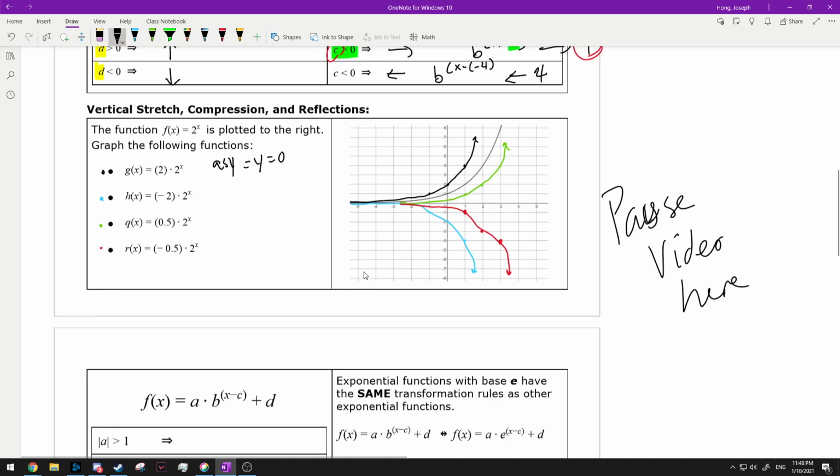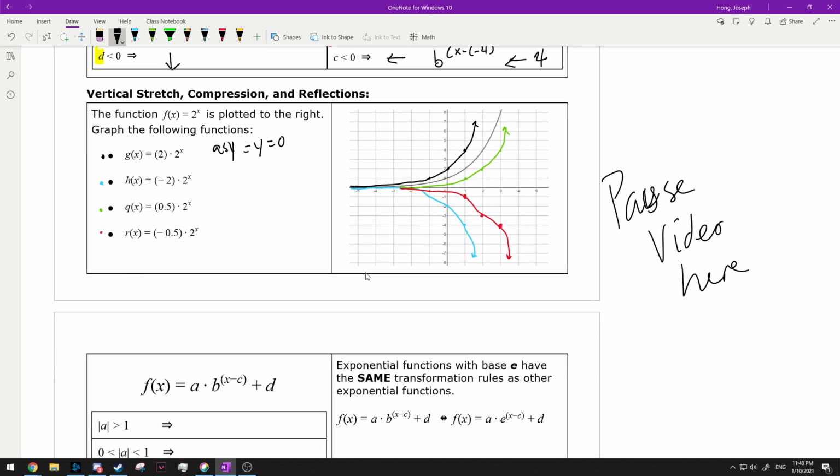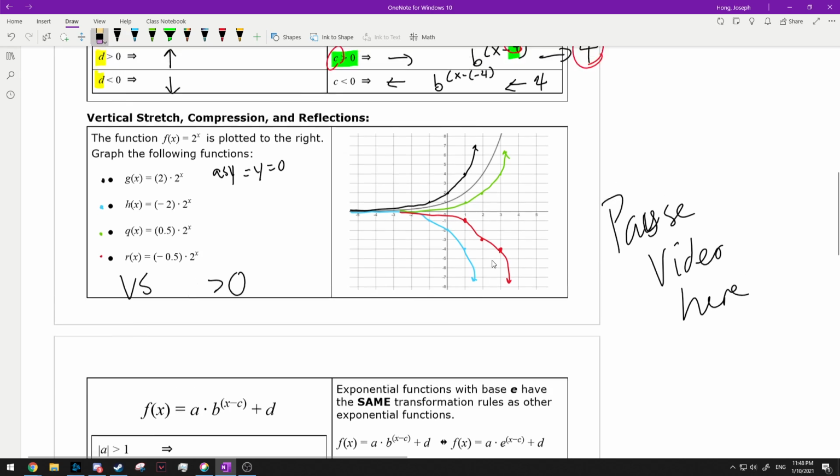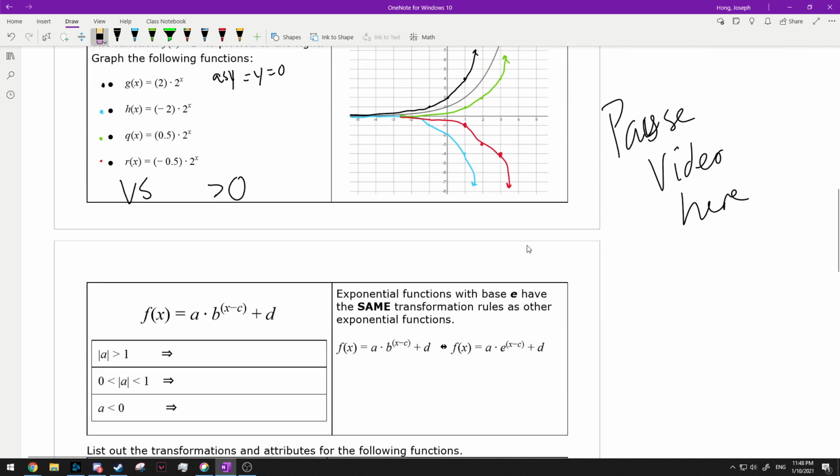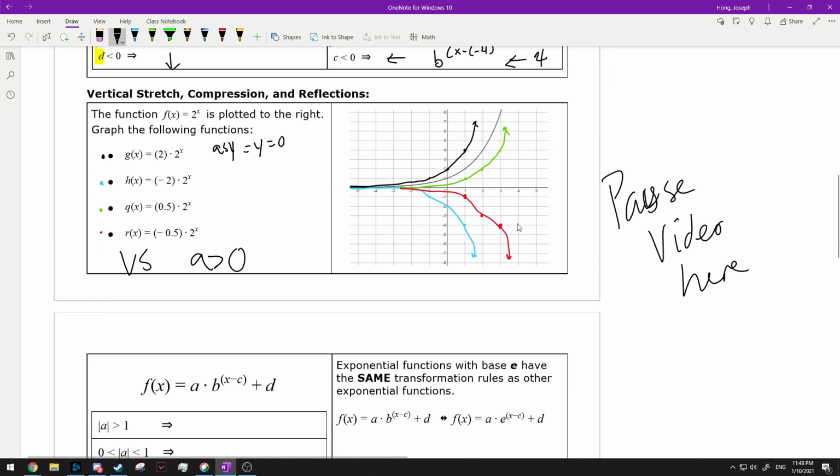Actually, before this, I want to talk about vertical stretch. I guess I should use the same variable. We'll use a. When a is greater than 1, and that's these numbers right here.